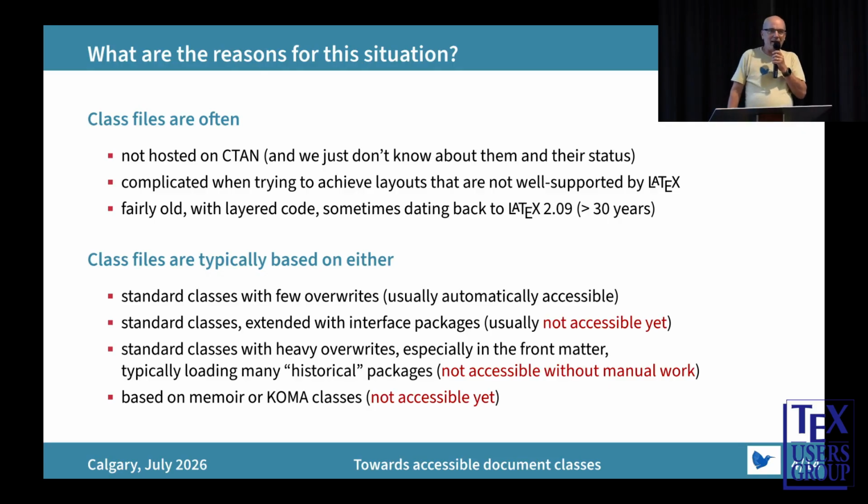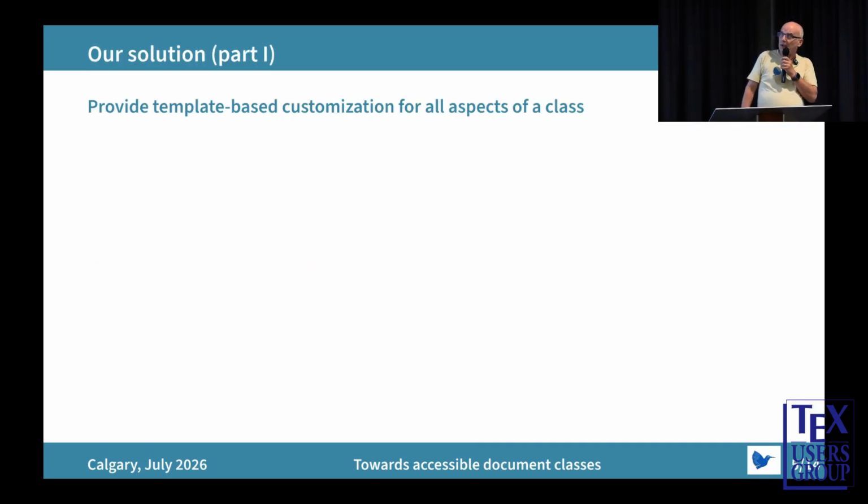So in some sense, they do what these extra add-on packages are supposed to do for the standard classes, like bringing you good interfaces for design, but they have their own setup. And again, they are not accessible at the moment. So that's the situation. And I mean, there might be a few more, but this is really sort of the majority of what you find out there, in our opinion.